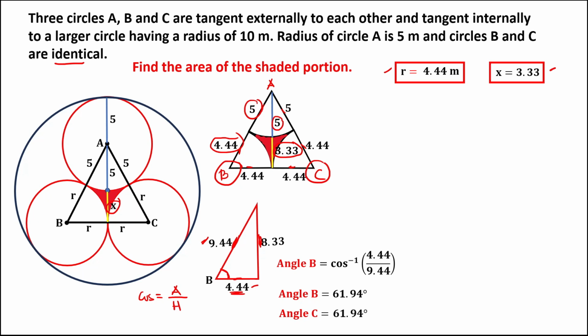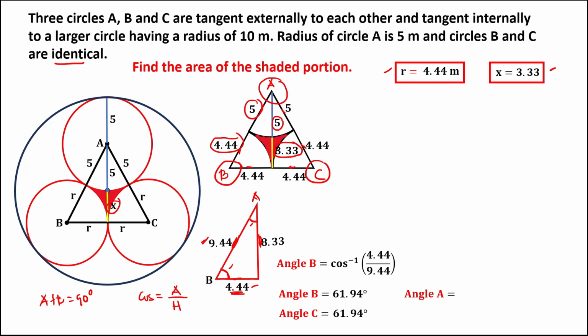Since angle B and angle C are identical, angle C is also equal to 61.94 degrees. This time, to solve for angle A, this is angle A, and this one is part of angle A. The sum of these two angles is equal to 90 degrees, so A plus B is equal to 90 degrees.